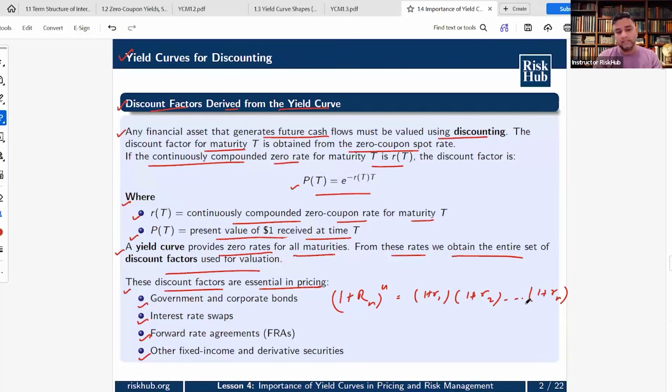So it says that investing for n periods must pay the same as rolling a one-period deposit n times in a row, right?